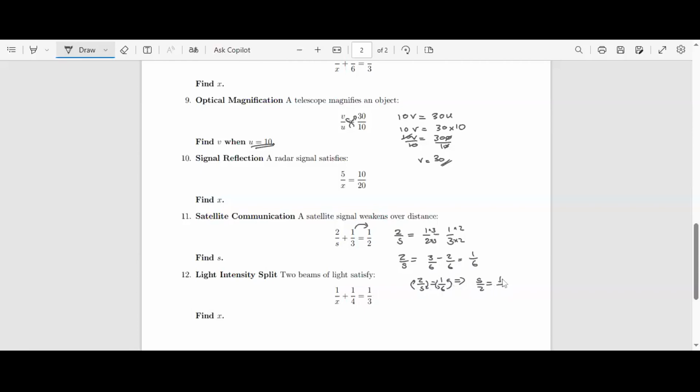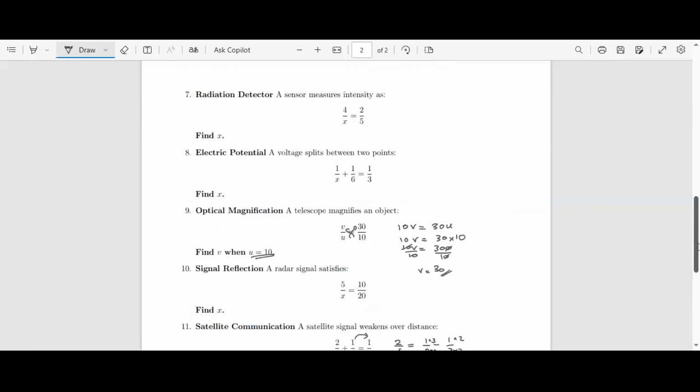So 6 over 1. s by 2 equals 6. Take 2 to the other side, it gets multiplied. s equals 12, right? So that's how you deal with equations like this, fractional equations.